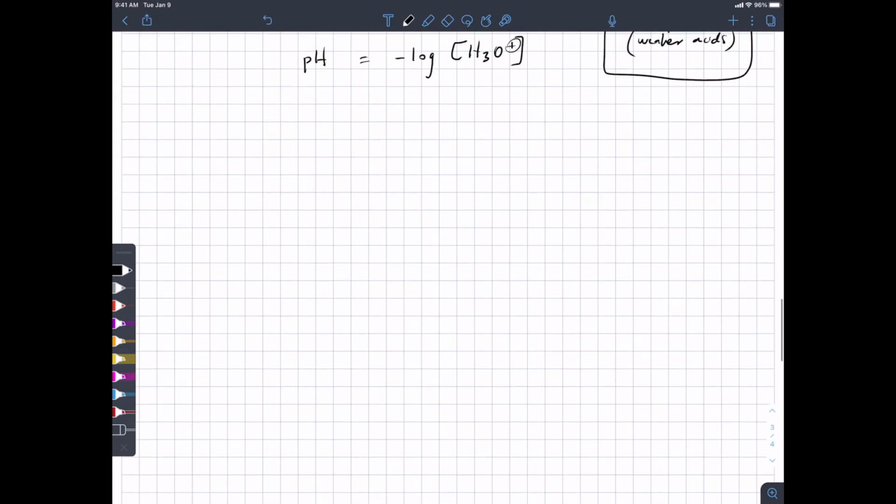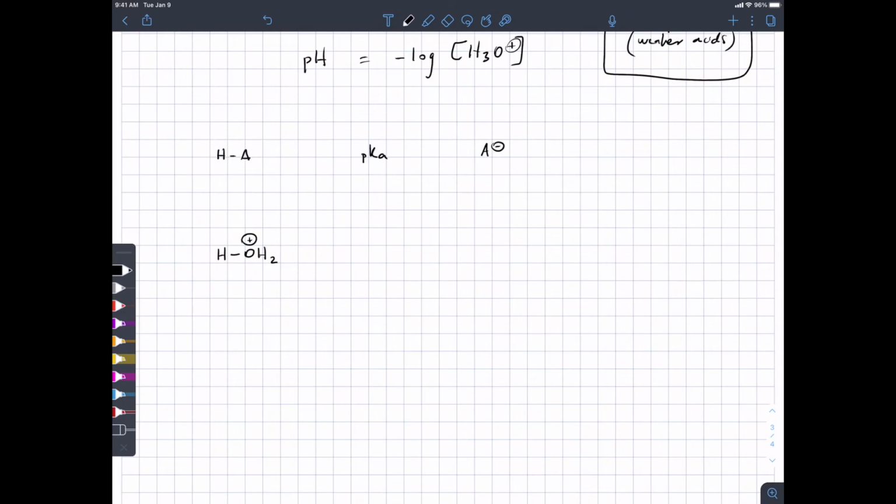So let's see. The pKa for H3O plus, and what we're going to do here is generate a little bit of a table. I'm going to write HA here. I'm going to write pKa. I'm also going to write conjugate base.